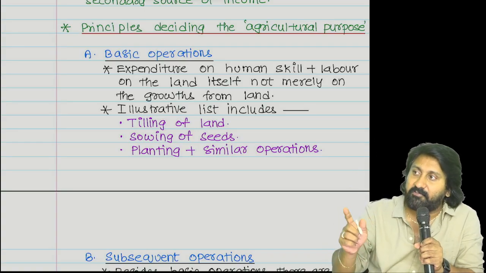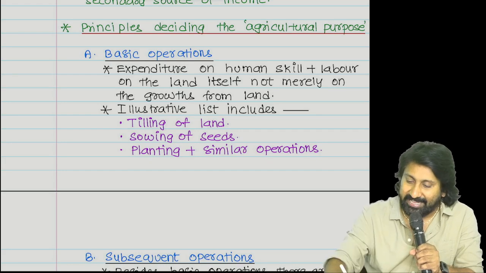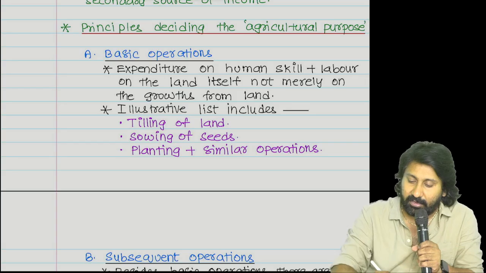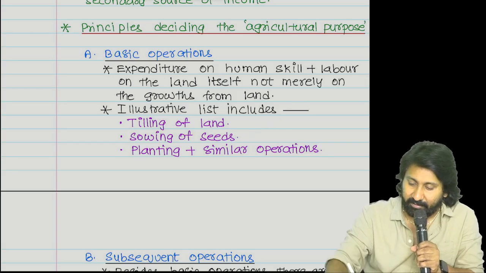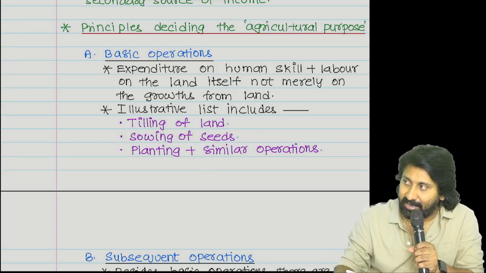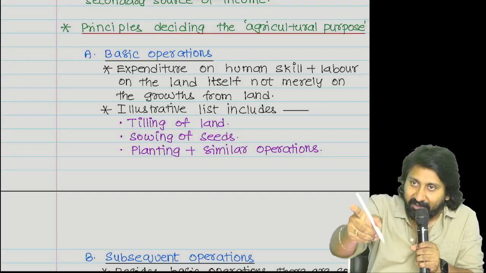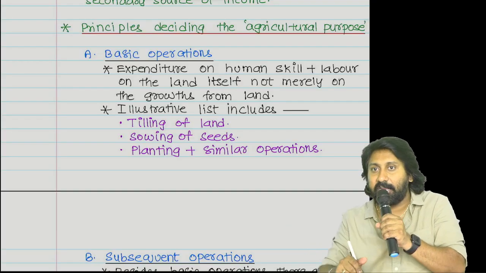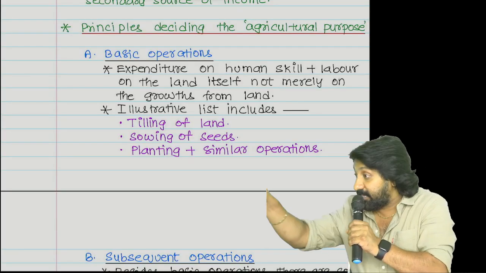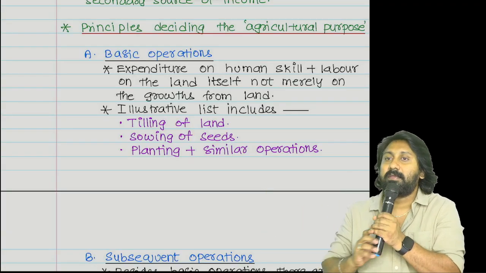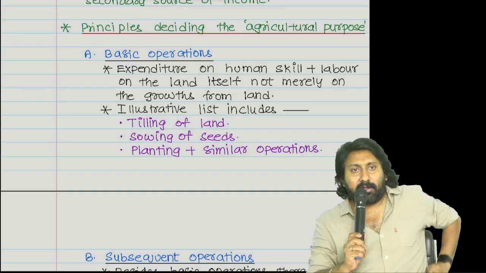A person doing fertilizer business will till the land? Will sow the seeds? Will plant and do similar operations? Will any human skill and labor be involved? That's why sale of fertilizers on agricultural land is not agricultural income, because you are not doing anything for the land. Did you understand the point or not?